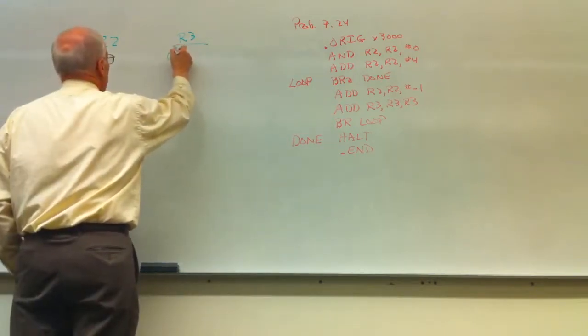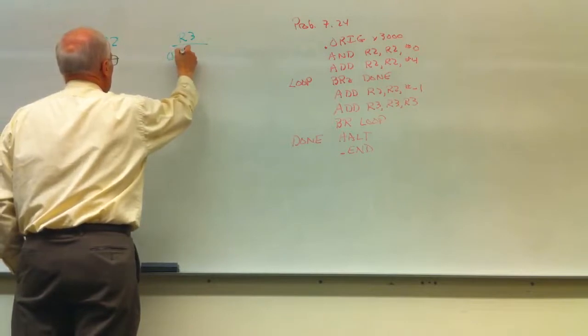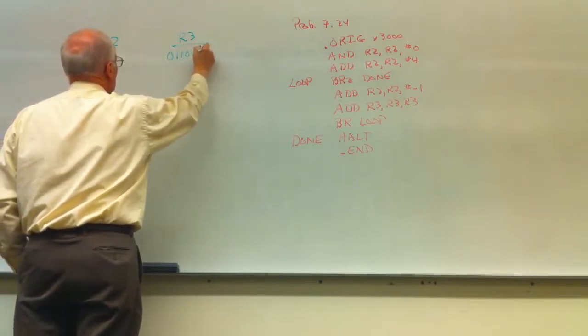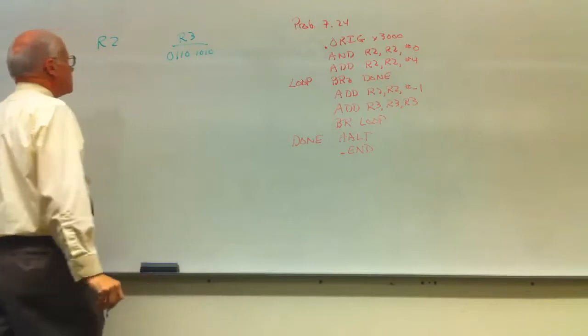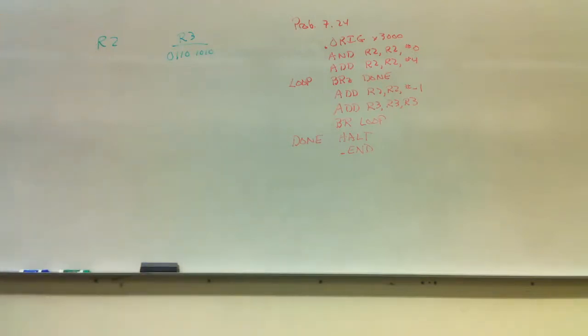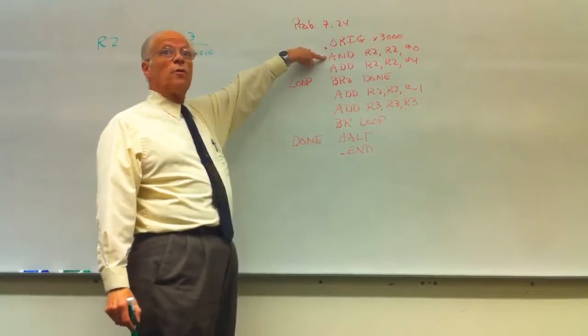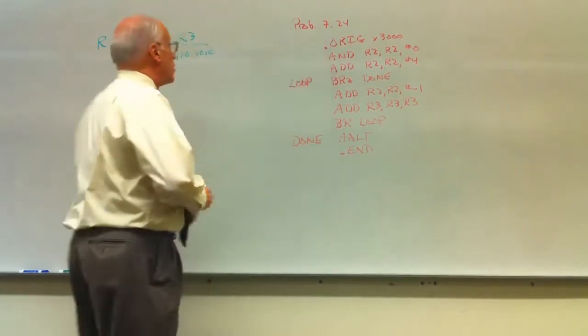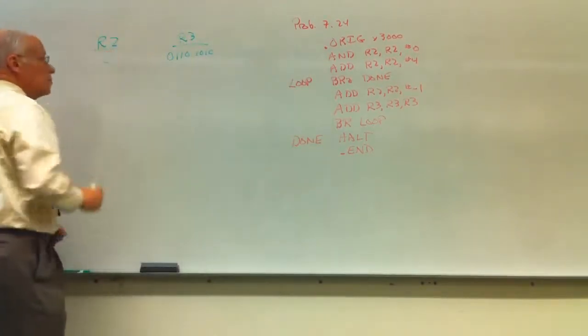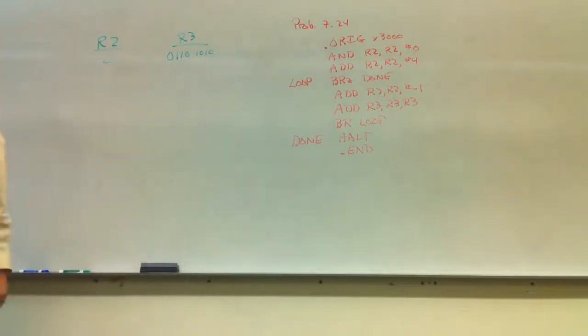We'll just do the last 8 bits. Suppose we start with that. And I'll have to work up into the next hex digit to shift 4 places, but let's see what happens. The AND, we've worked with that one, haven't we? That basically just clears register 2. So we've got a 0 in register 2.